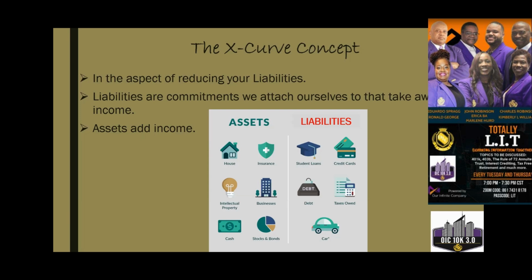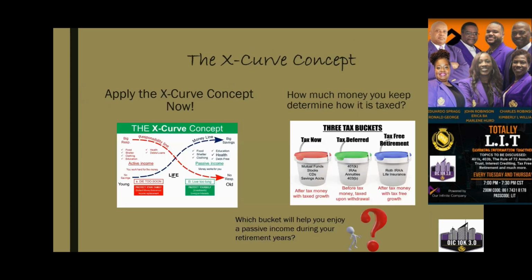Whether there is a house that you own and it's appreciating in value, or there's cash value insurance, there's a business, or you may even own intellectual property, or you may invest in stocks and bonds. Think assets because the X curve concept will allow you to apply these concepts as you're choosing different savings programs.